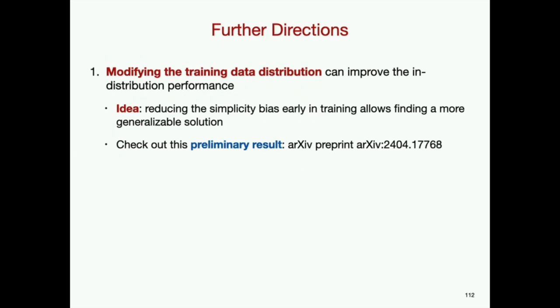So first, there is a very interesting direction that we have been exploring recently. We figured out that even if you are training a simple supervised model, changing the distribution of the training data can improve your in-distribution performance. This is very interesting and has not been explored before, so I think this is a very good direction to explore in the future.